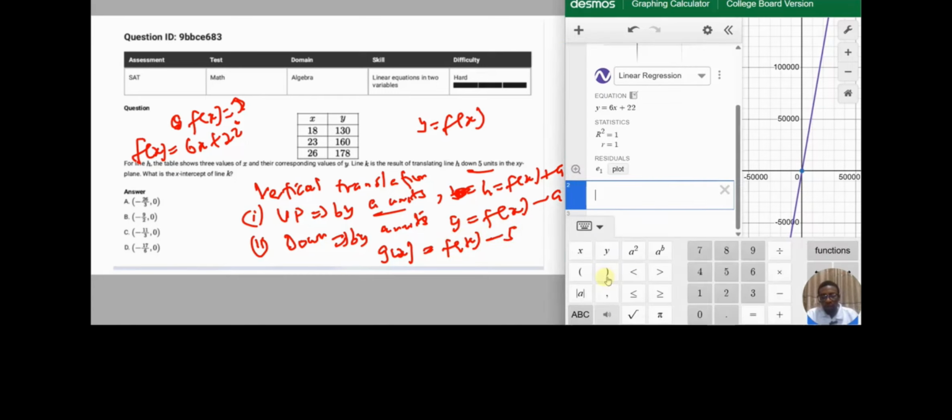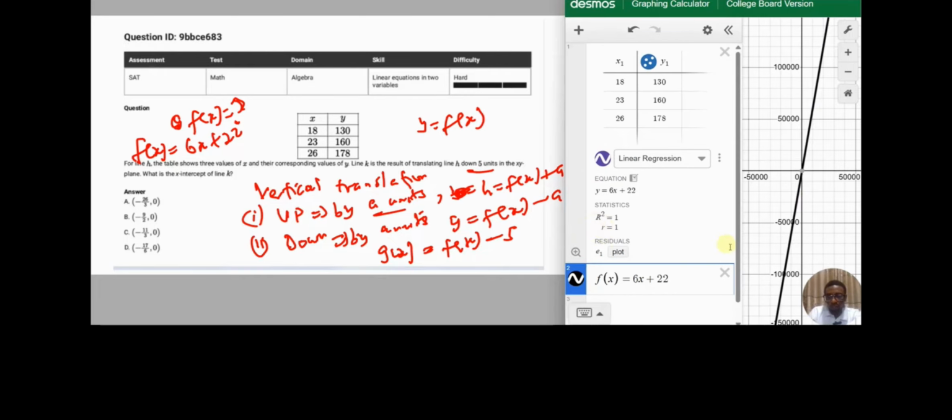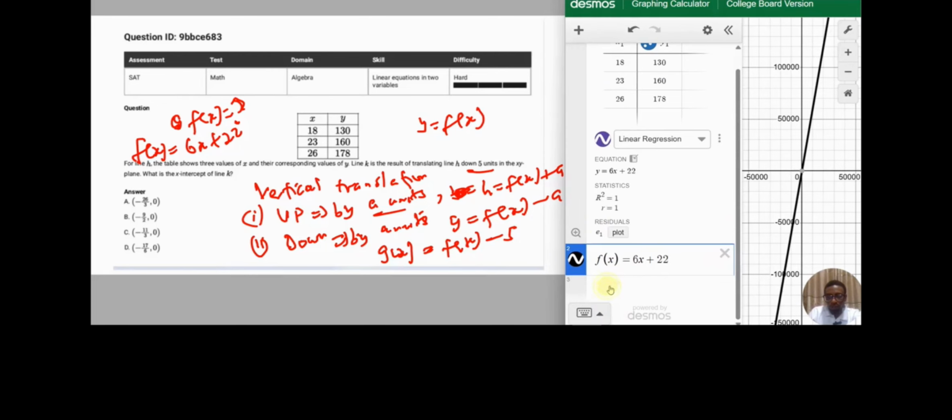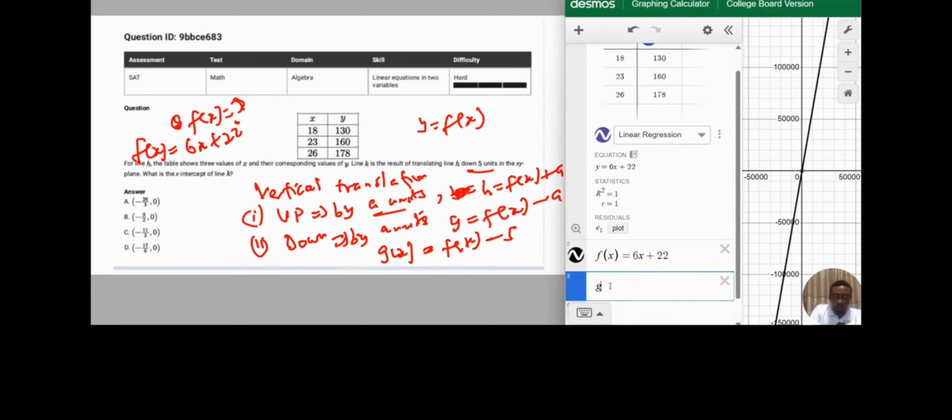So let's type our f of x as 6x plus 22. Then let's type our g of x.